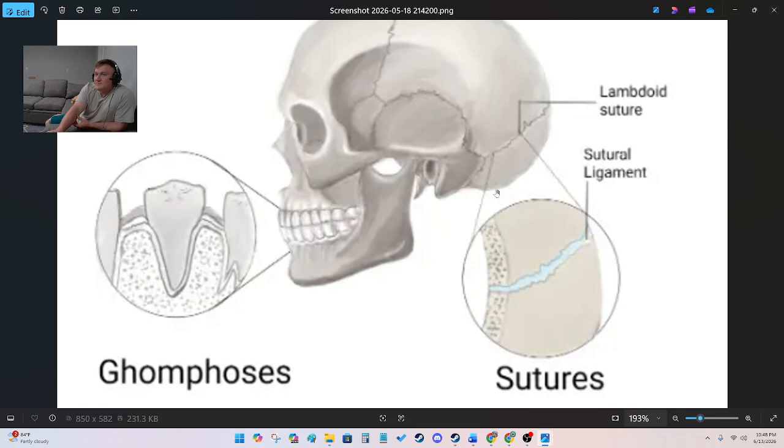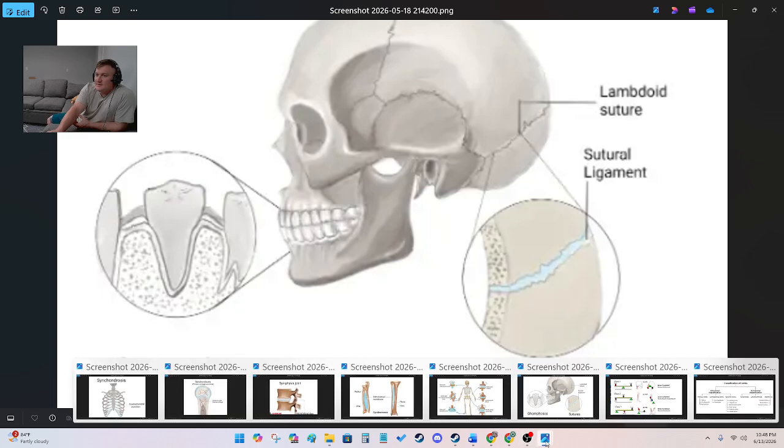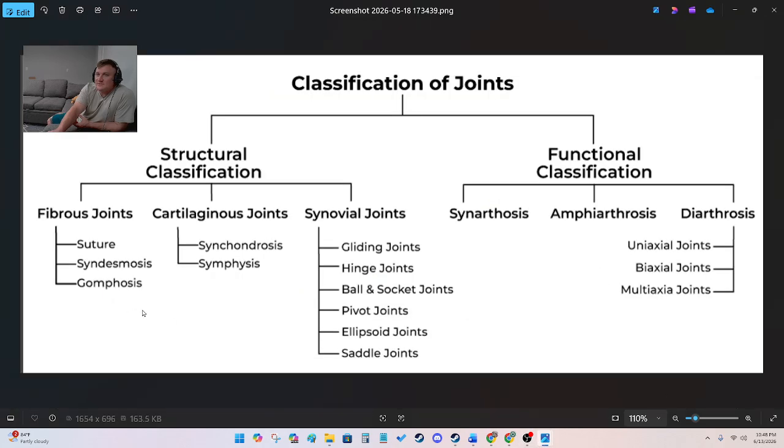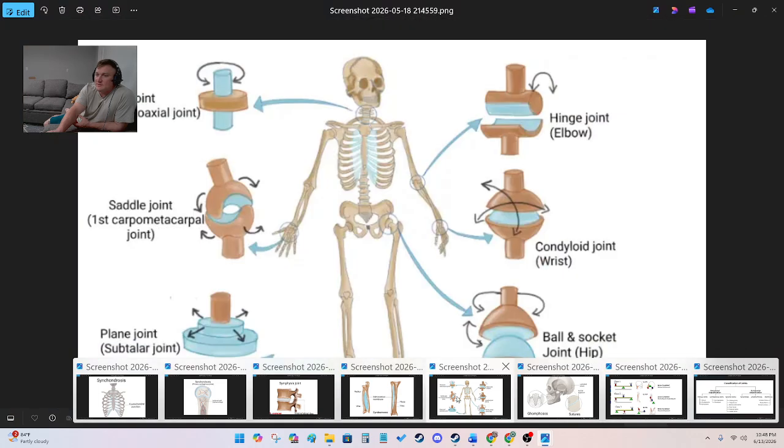This suture here is called the lambdoid, which is between temporal and occipital. And they don't move a whole lot, so those sutures are fibrous joints, and they're also synarthrosis joints because they do not move. They're very immobile.